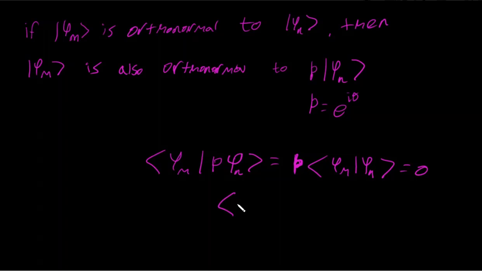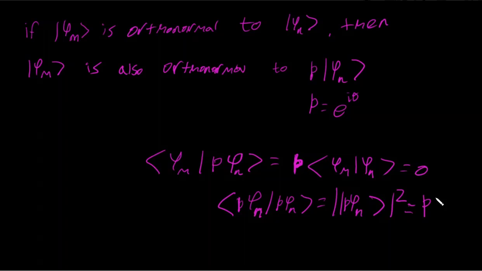And same thing here, if I have a phase times phi n, and a phase times phi n, if I'm multiplying these two together, this is the phase times phi n norm squared, which is equal to the phase norm squared times phi n norm squared, right?